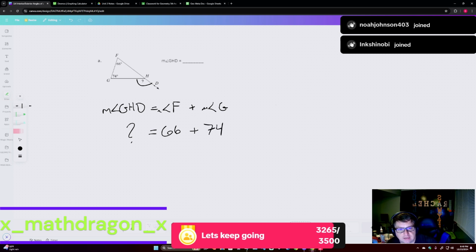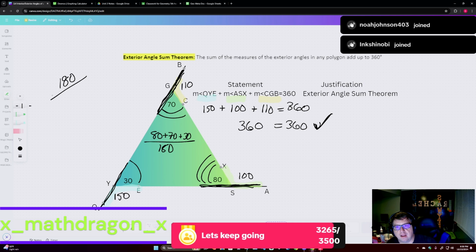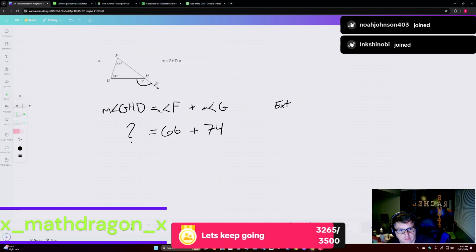This is the exterior, what do we call it? I want to make sure, the exterior angle sum theorem. All right, so let's go exterior angle sum theorem. And you should shorthand as much as you can, as long as it makes sense to a math teacher. And exterior angle sum theorem will make sense to a math teacher.